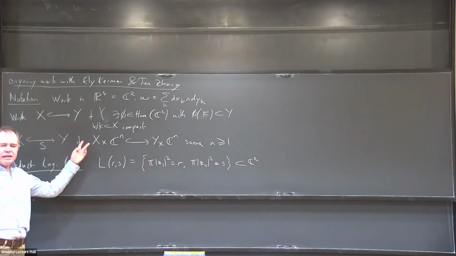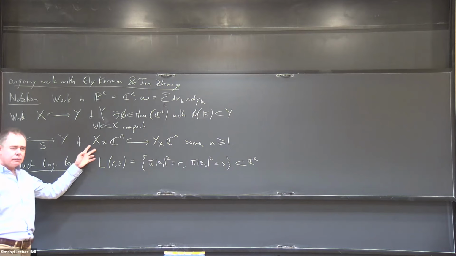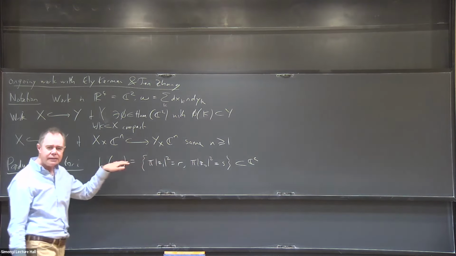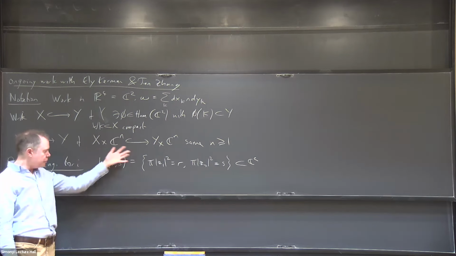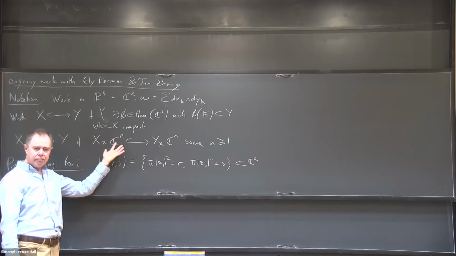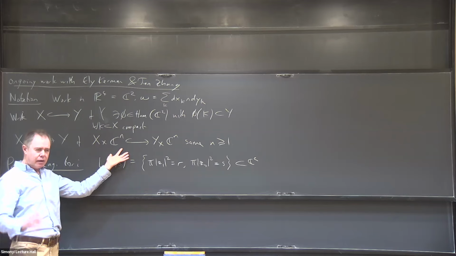So for all we know, this is a complete list. Okay, right. So this is a complete list of embedded Lagrangian tori in C2 up to Hamiltonian isotopy with one.